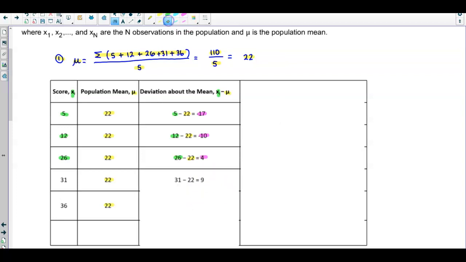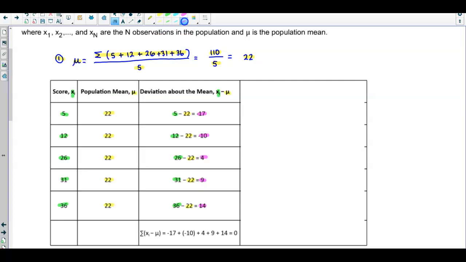Next, we take the data value of 31, and subtract the population mean of 22 to get a deviation of 9. And then the last one, we're taking a data value of 36, and subtracting the population mean of 22 to get 14.